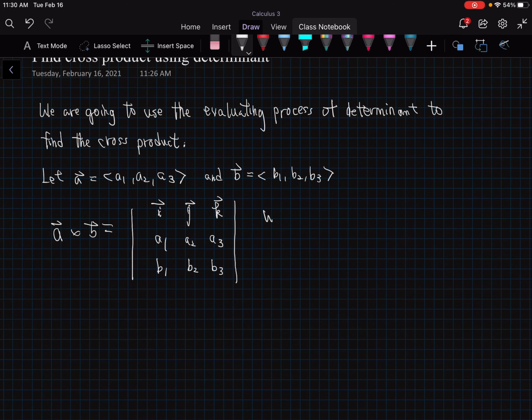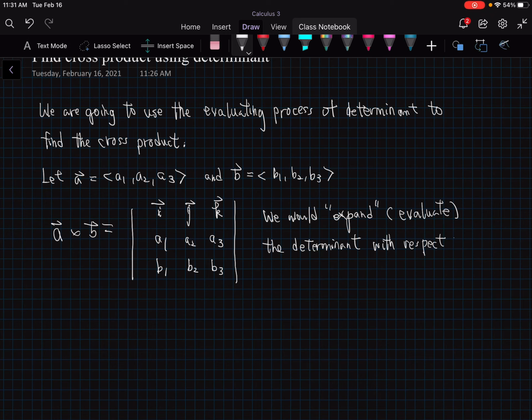So simply expand this into three 2 by 2, or order 2, determinants, evaluating the determinant with respect to the first row.